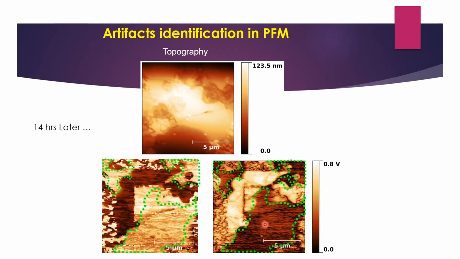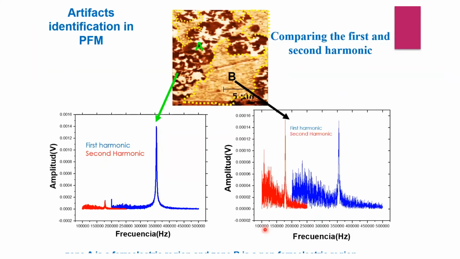And the amplitude, we can see that it is near zero in this image. For this reason, we suspect that region B is not ferroelectric and region A is ferroelectric.